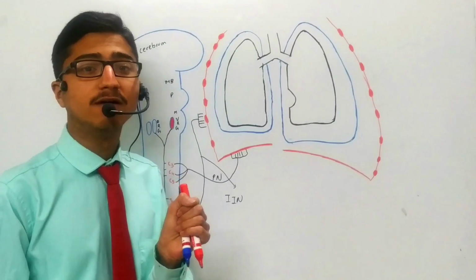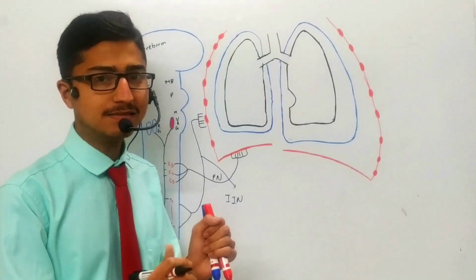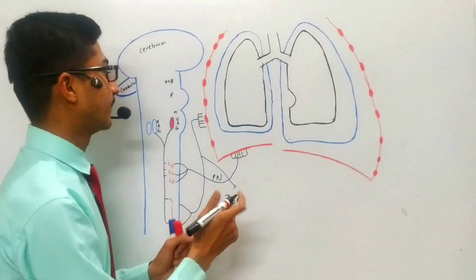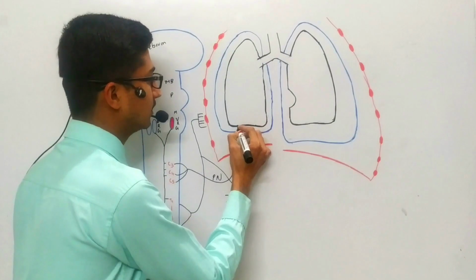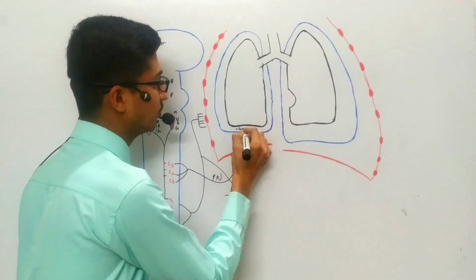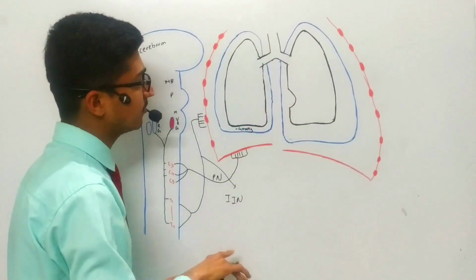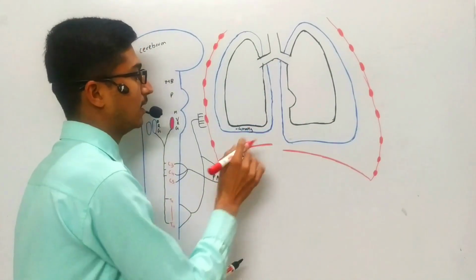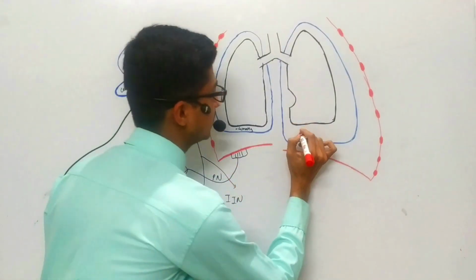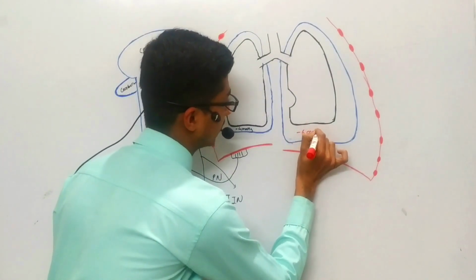Let's recall Boyle's law, which states that as the volume increases, the pressure decreases. Here comes an important point. As we all know, the intrapleural pressure is about -4 mm of mercury. During inspiration, the volume increases, the pressure decreases, and it reaches up to -6 mmHg.